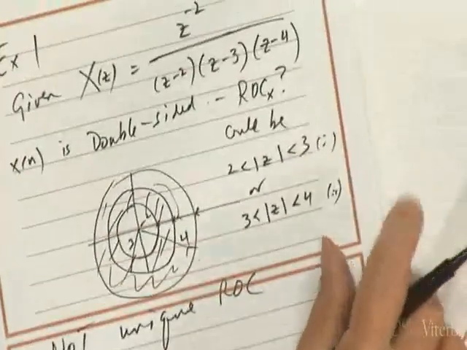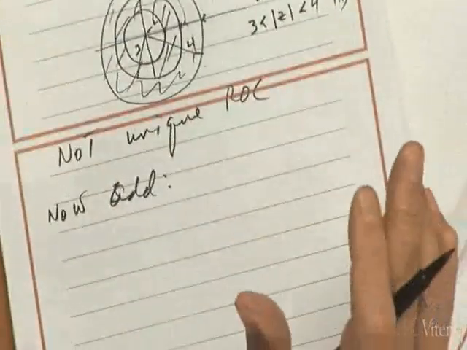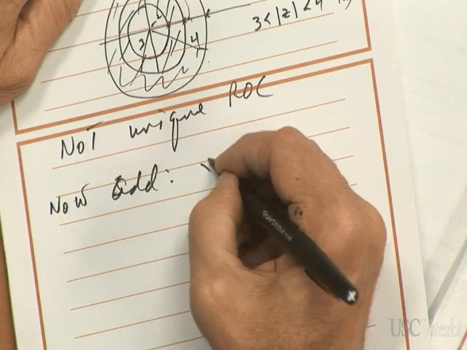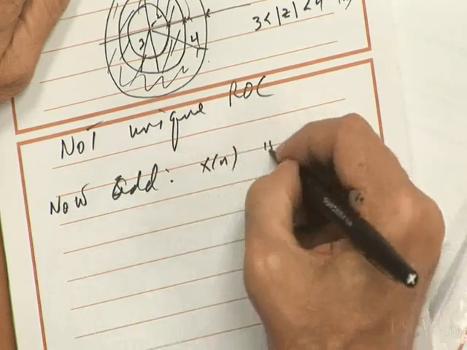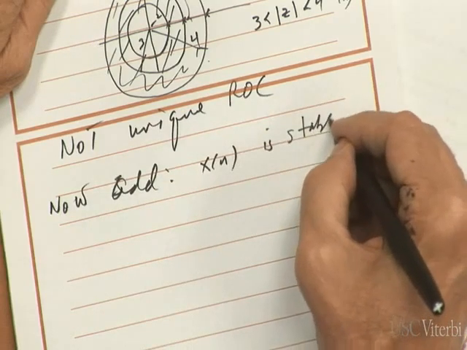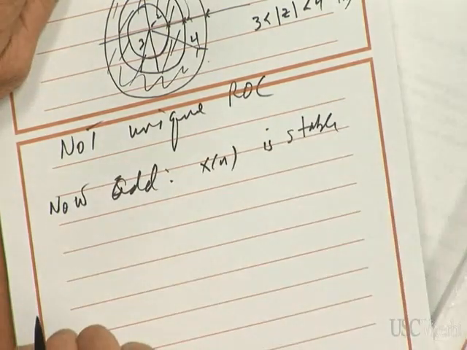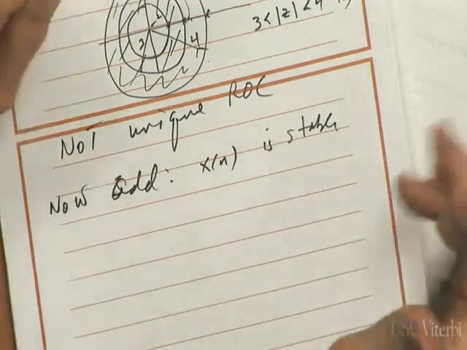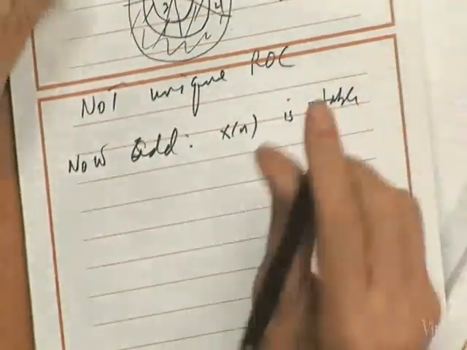But now what I'm going to do is say, or add, so you know that x of n is double-sided. Now I'm going to give you another piece of information. X of n is stable. See? Now you know x of n is stable. Oh, you know what? Never mind. Yeah.